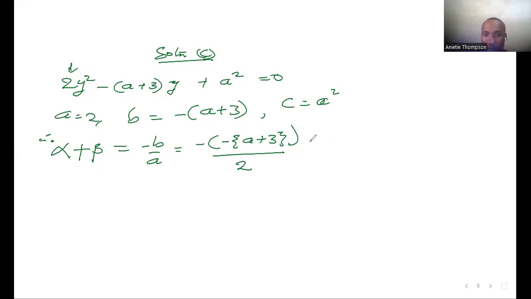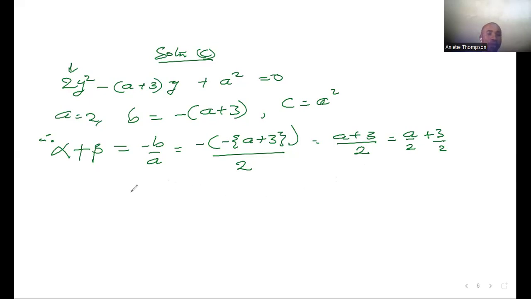And that minus into minus will give us plus. So we have (a plus 3) all over 2. That will be the sum of the roots. You can't go further than that unless you want to split the fraction, which does not really make any sense. But if you want to do that, you can still write it as a over 2 plus 3 over 2.